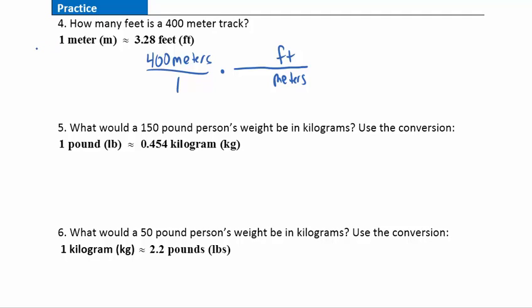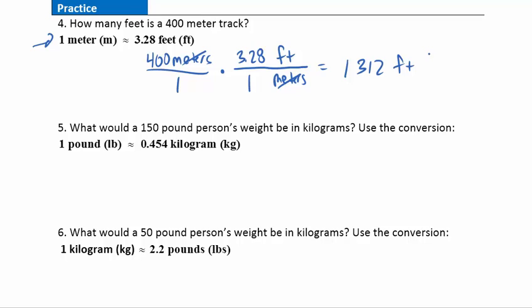Now look at my conversion here. 1 meter equals 3.28 feet. You can see my units of meters are dividing out. So all I have to do is take 400 times 3.28, which is 1,312 feet.